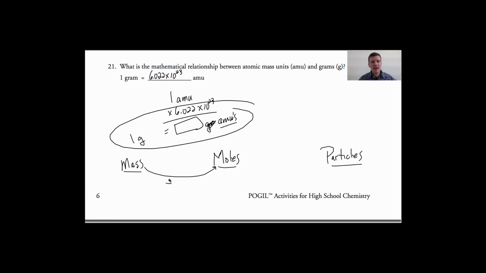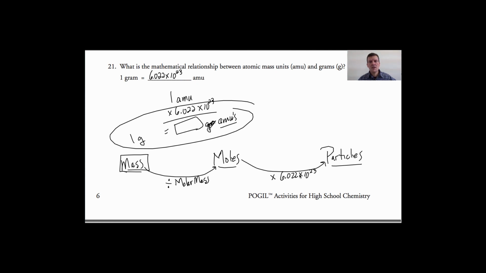So you would divide by the molar mass. If you're given mass, divide by that molar mass to get the number of moles. If you then have the number of moles and you want to find out how many particles that is, you multiply by Avogadro's number, 6.022 times 10 to the 23rd.